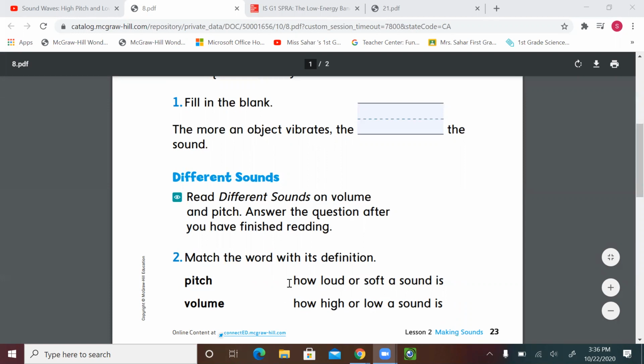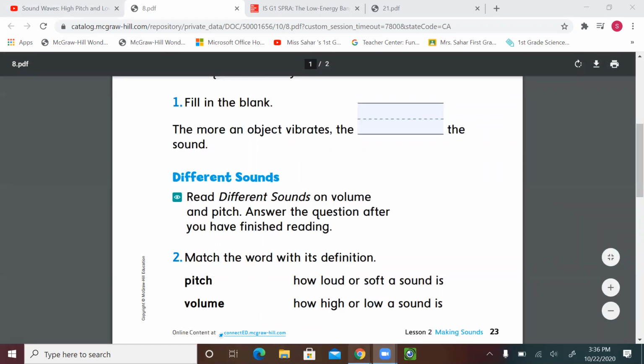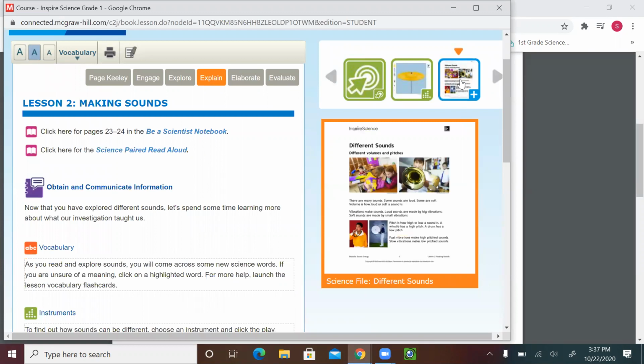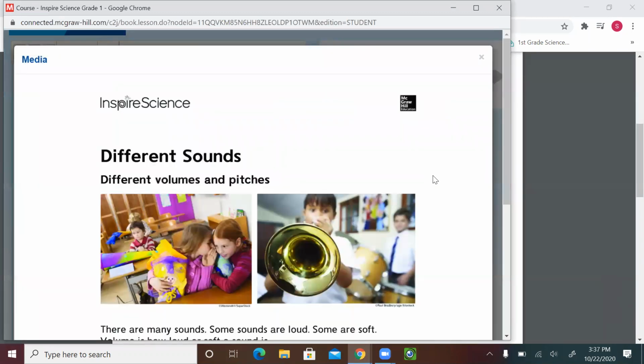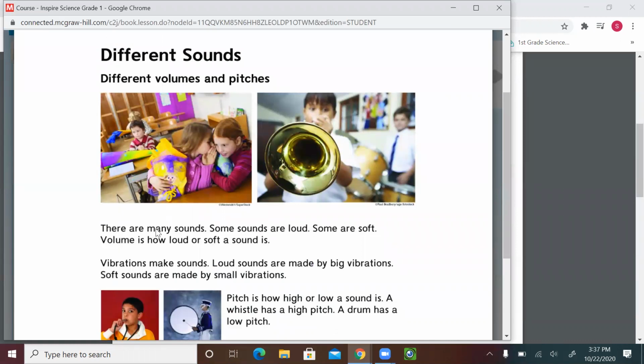All right, so in order to do that, let's read the part we have over here. Different sounds, different volumes and pitches. There are many sounds. Some sounds are loud, some are soft. Volume is how loud or soft a sound is.